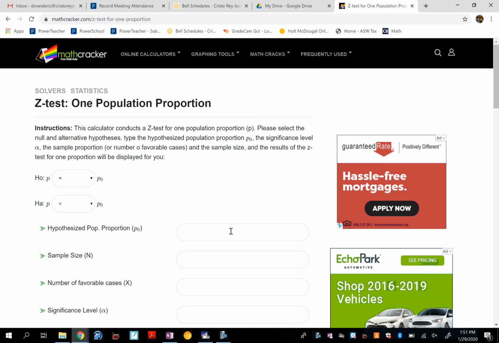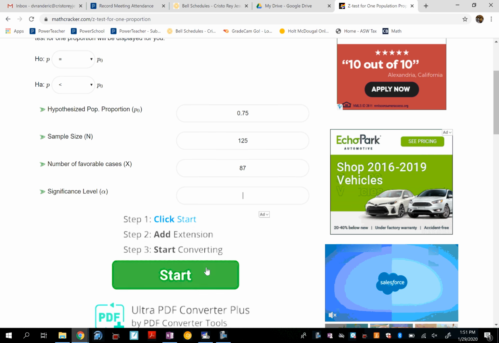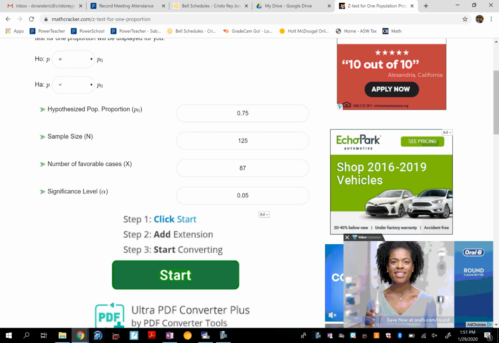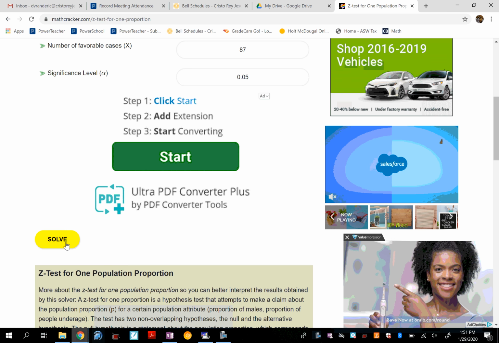What is our P? 0.75. Very good. What is our sample size? 125. Our number of successes? 87. And look at that, it asks for alpha. And what did I tell you? Alpha is what we're going to use, 0.05. Hit solve.